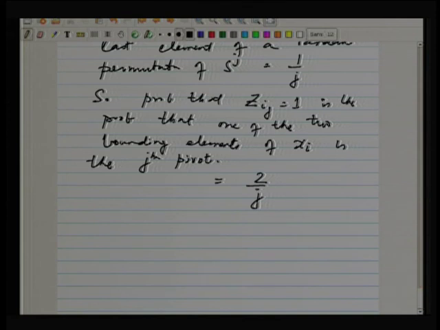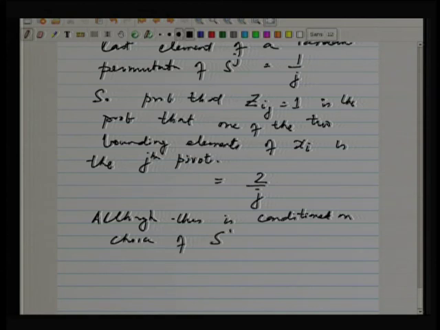Okay. Now, notice that although this is conditional, the probability was conditioned on choice of S j. For some fixed S j, we did this calculation, but it only depends on j. Okay. So, the conditional and the unconditional cost is same.